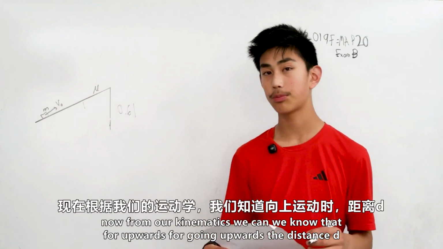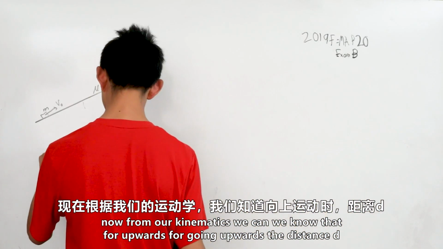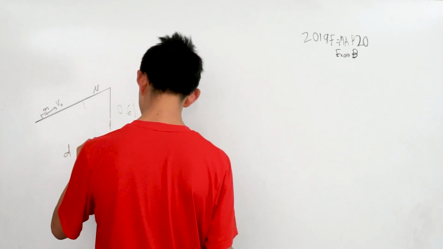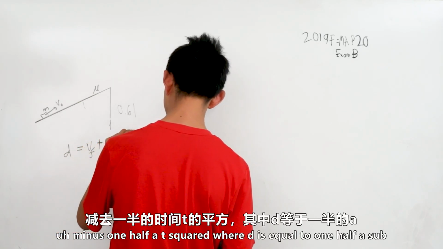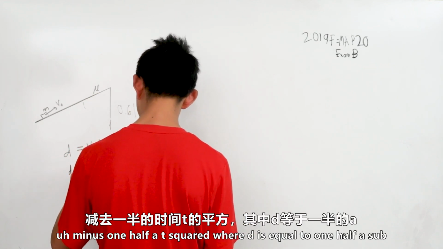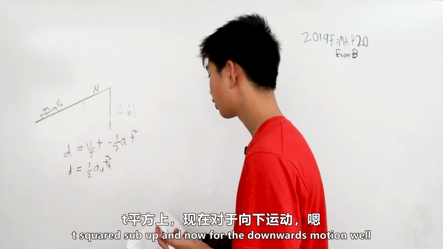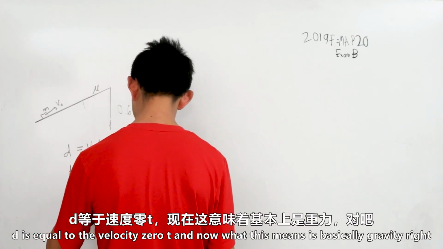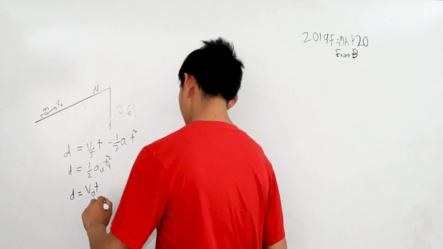Now, from our kinematics, for the block going upwards, the distance d is equal to v final t minus 1/2 a t squared, where d is equal to 1/2 a sub u t sub u squared. And for the downwards motion, d is equal to the initial velocity 0 times t.